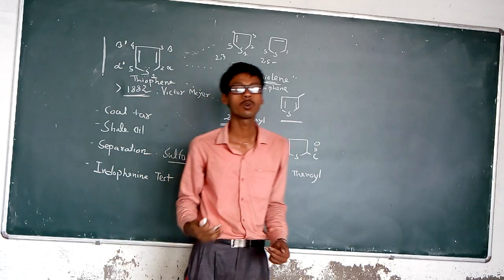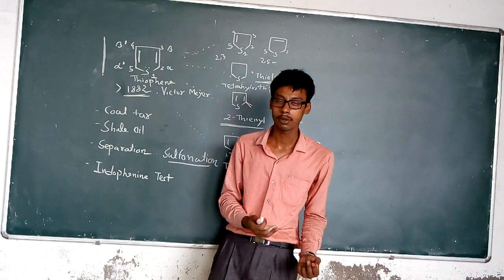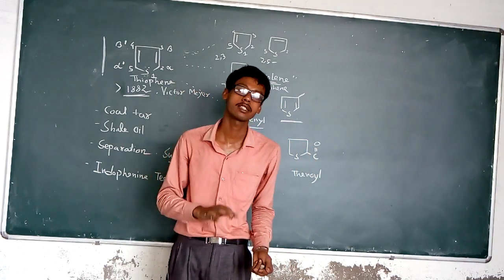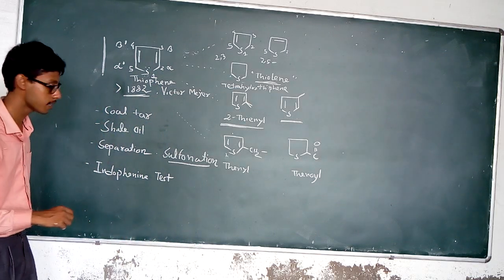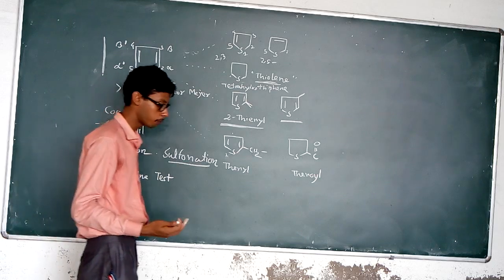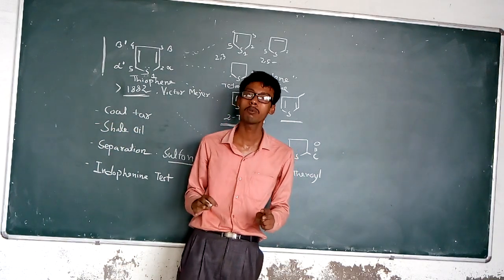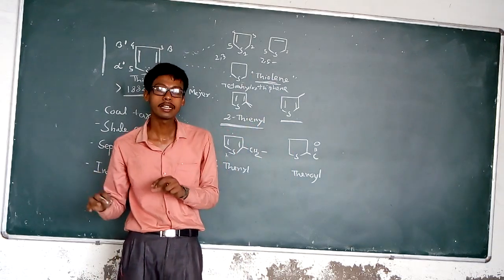Thiophene is a heterocyclic compound showing aromatic character, and furan and pyrrole also show aromatic characteristics. These 3 are pi-excessive compounds, because when we go through the resonance structures, every carbon atom contains some negative charge.